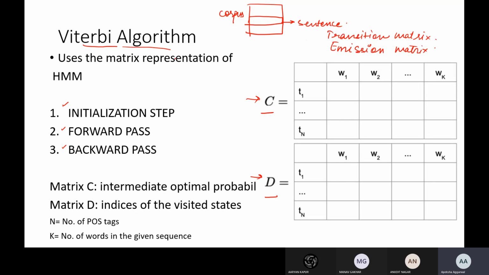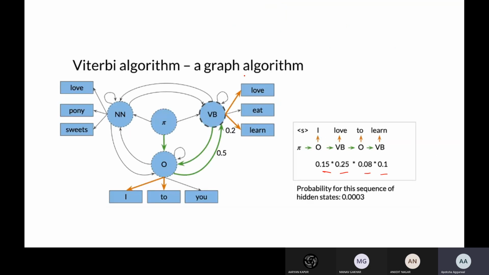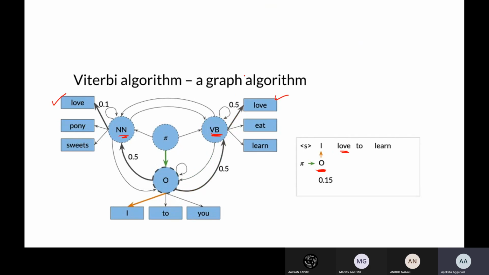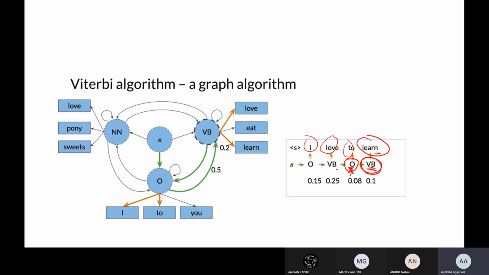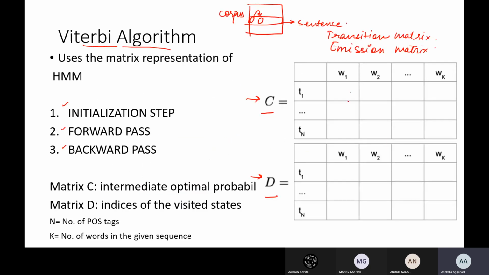These two help us search: if I am at the first word, what are the chances that I am going to the second word? So basically what we have traversed over here is moving from O to this next VB to next O. These two data structures store the intermediate values.